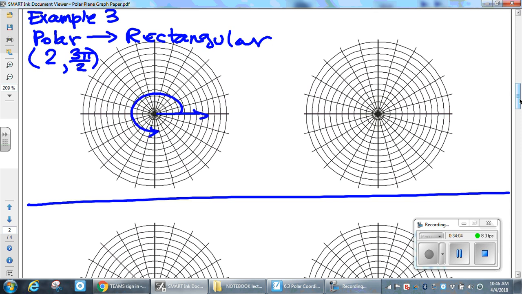And then we count 2 circles, so the point will be here. And so if you compare it to the rough sketch that we did of the point in rectangular, which was 0, -2, it was right there, right? Yeah. So same thing.